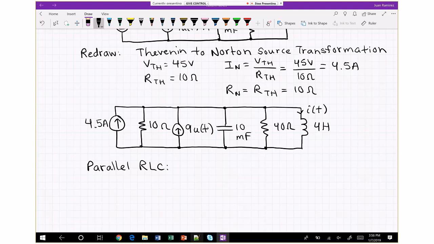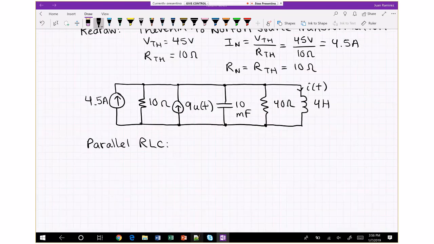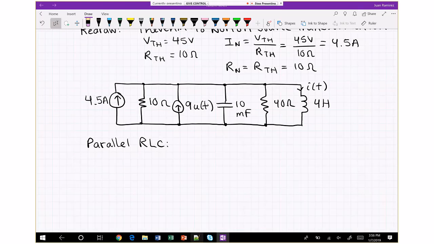Now, we're going to look at damping factor. We need a Thevenin resistance for that, or rather just an equivalent resistance. So what is that equivalent resistance? That is after the switch or the transition. And we turn off all the sources.